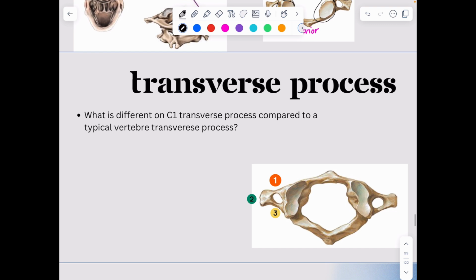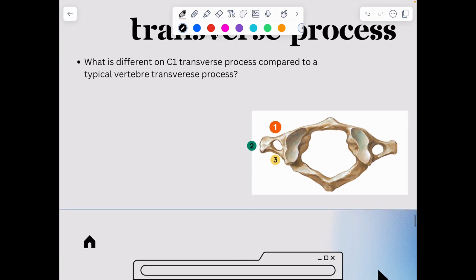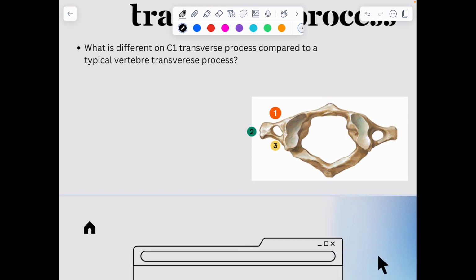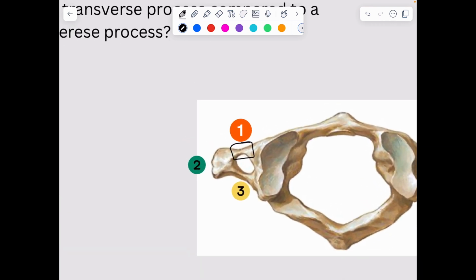Transverse process. So what is different on the C1 transverse process compared to the typical vertebral transverse process? So we have number 1, which is going to be our costal element.